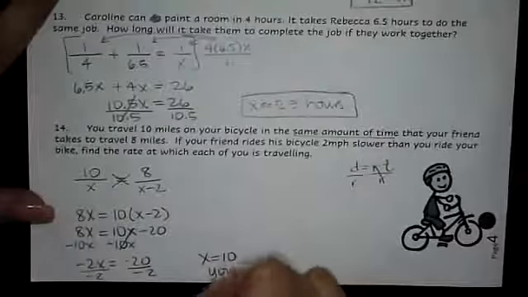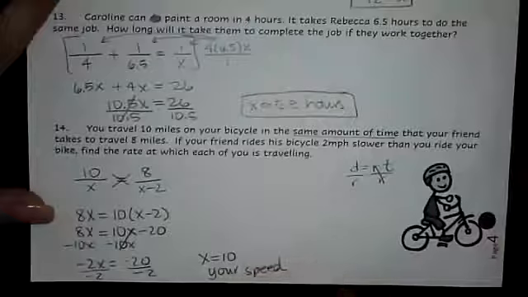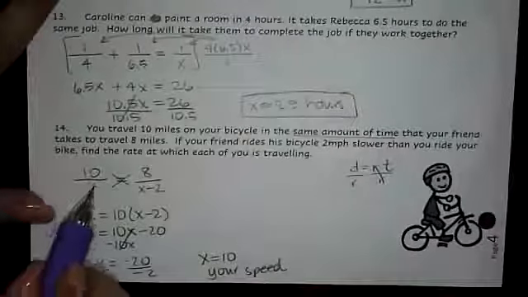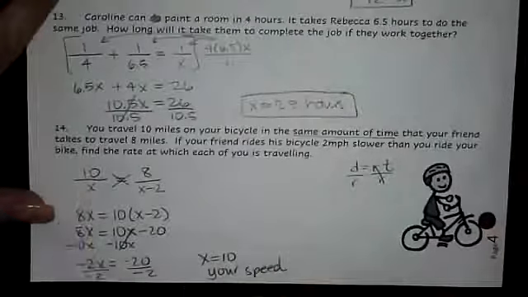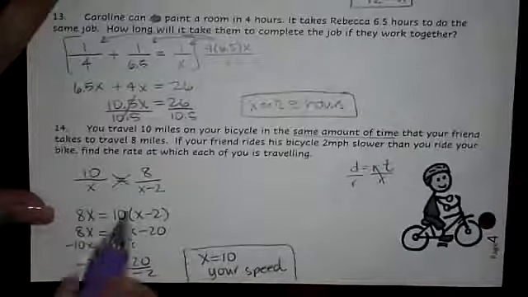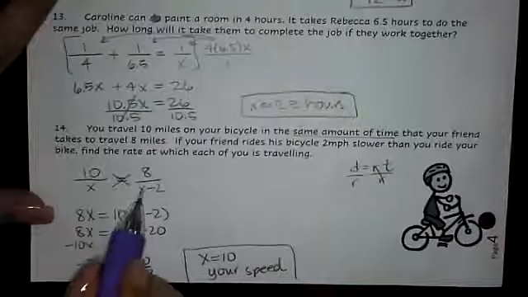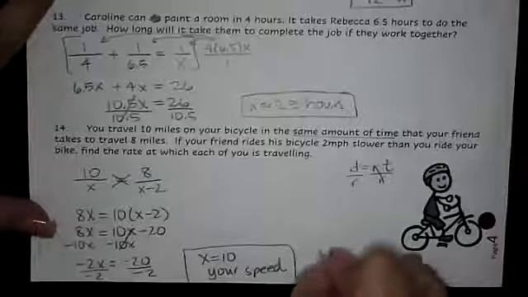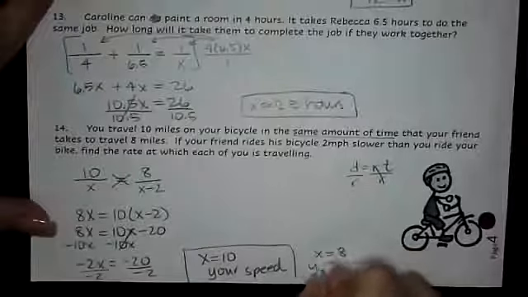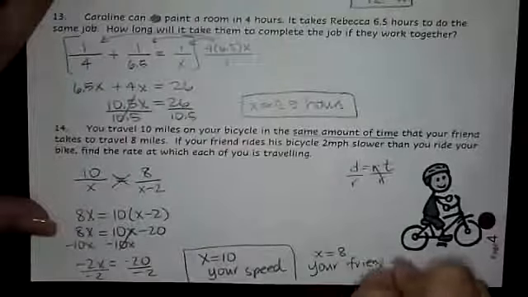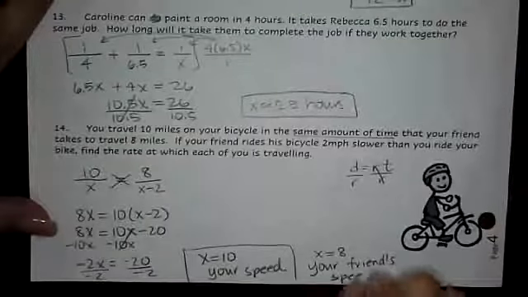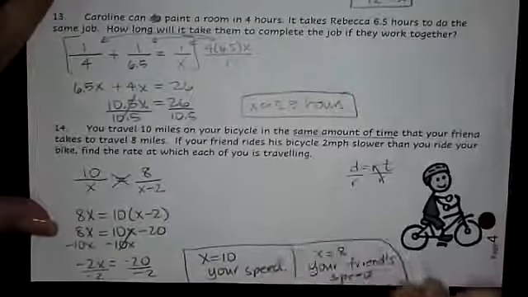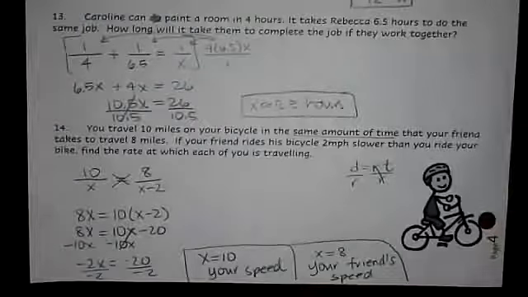So that would be your speed. Since we defined x as your speed, you would be traveling at 10 miles per hour. If we wanted your friend's speed, that would be 10 minus 2, which is 8. So now you've seen adding, subtracting, multiplying, dividing, and you saw some solving and some solving real world problems.